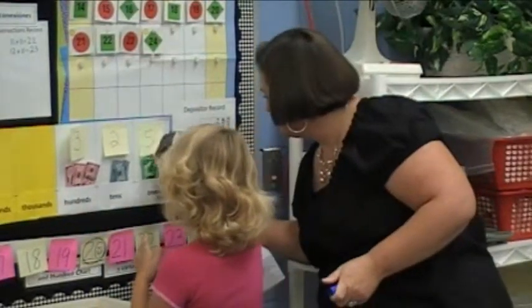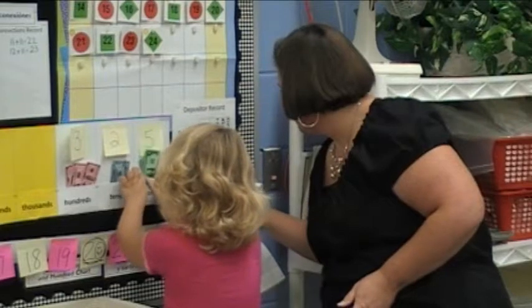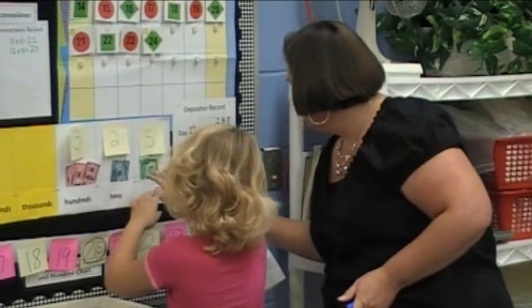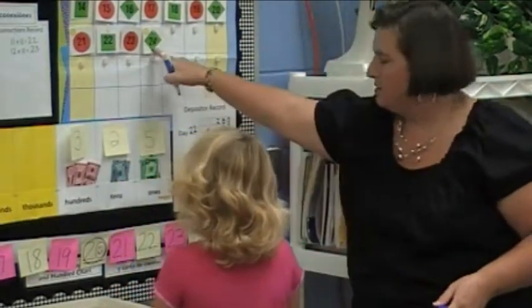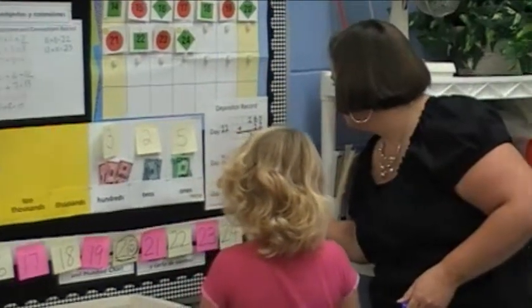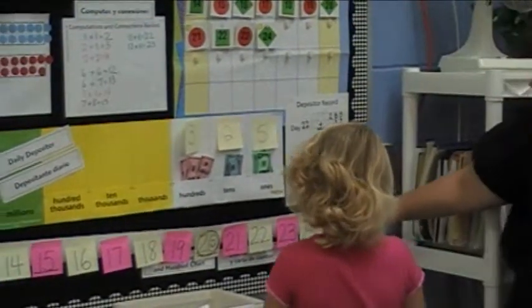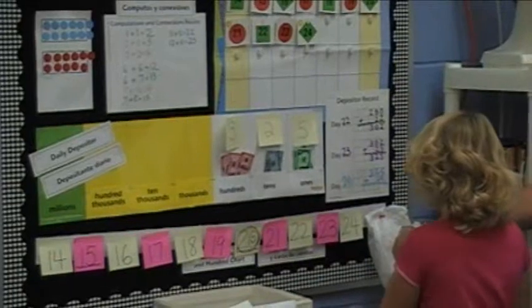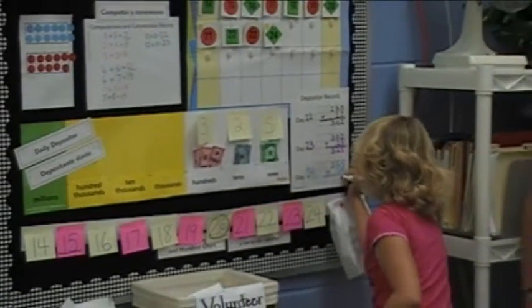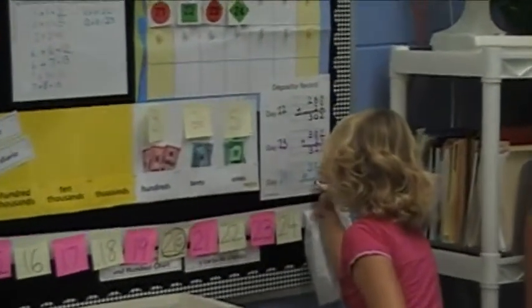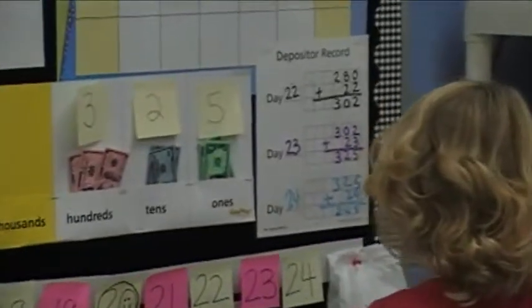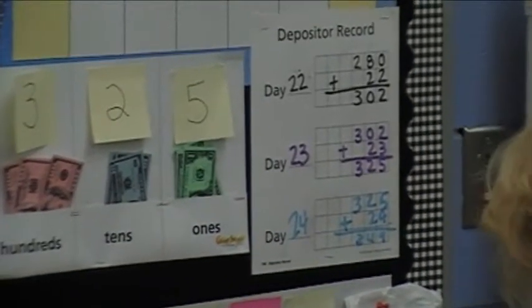Today's 24th day of school. We started with $325 and we added, how much did you say we added? $24. And how much do we have now? All right, how much do we have now, Pink Shirt? 349.